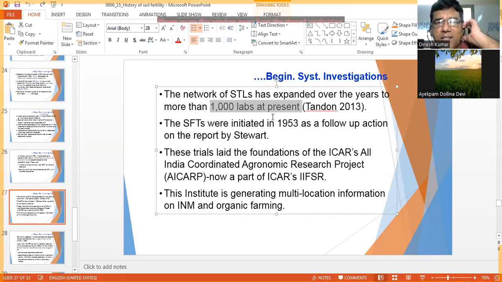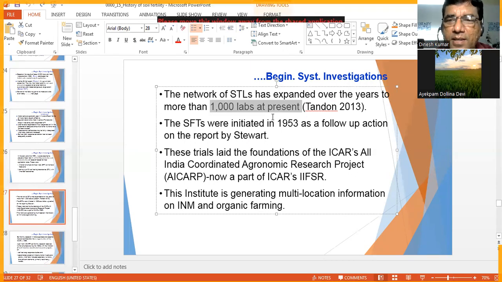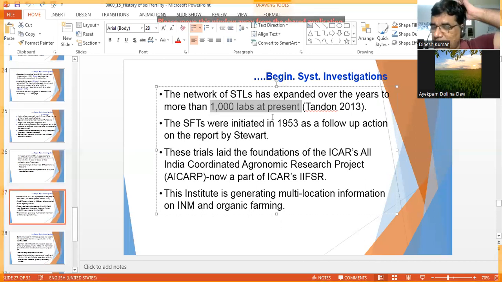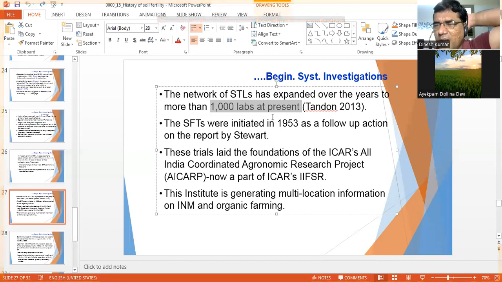Anybody has an idea how many soil testing labs there are in India at the moment? Because these 1,000 labs were reported in 2013, and now we have 2022. Anybody got any idea about the number of soil testing labs in India? Anybody?